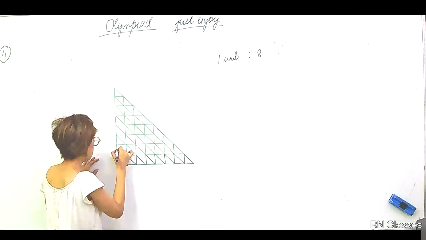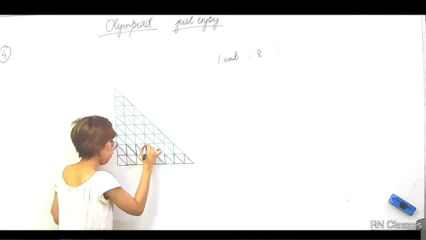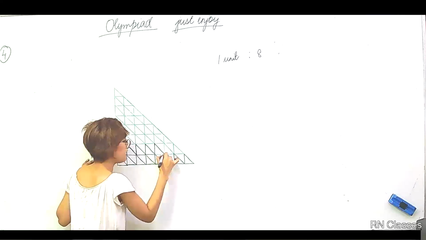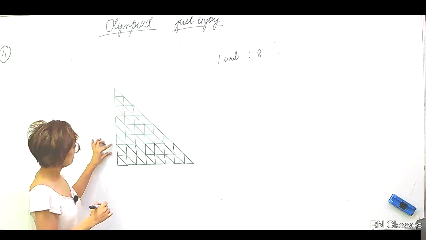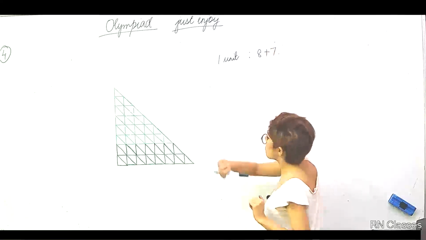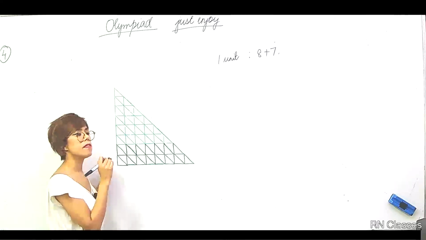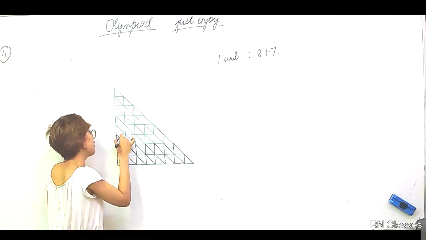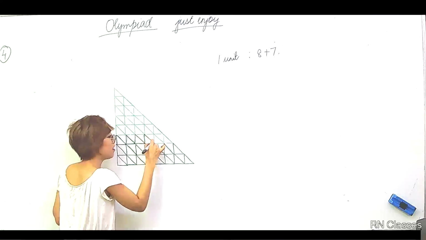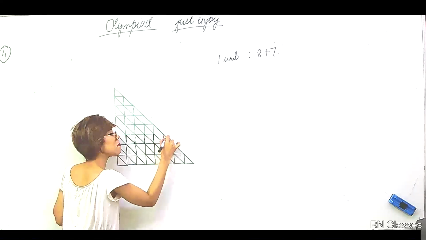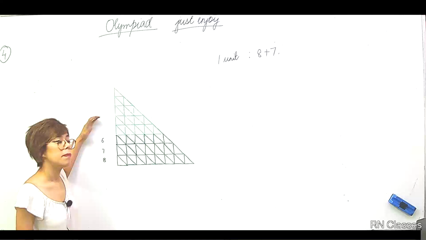Right? Second row में count करें. 1, 2, 3, 4, 5, 6 and 7. ठीक है, इसमें 8 थी, इसमें 7 थी. ओके, तो 8 plus 7. राइट. अब ये होगी. इस वाली रो में चेक करें. कैन यू गेस? गेस नहीं, पहले निकालो एंड देन नेक्स्ट वाले के लिए गेस करवाऊंगी. 1, 2, 3, 4, 5 and 6. यहाँ पे 8, यहाँ पे 7, यहाँ पे 6. कैन यू गेस यहाँ पे कितनी होगी? 5.